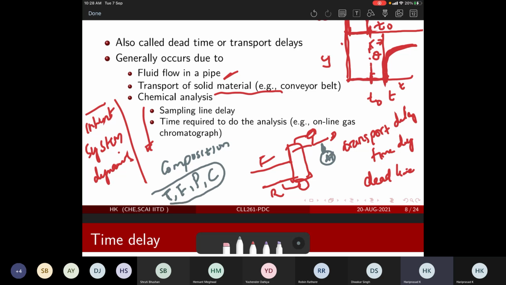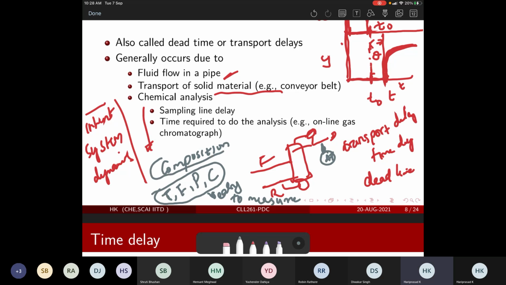These variables are generally easy to measure because the sensors are quite responsive. They are well calibrated and very fast, and of course, if there is a dead time, it would be only in seconds or even fractions of seconds.